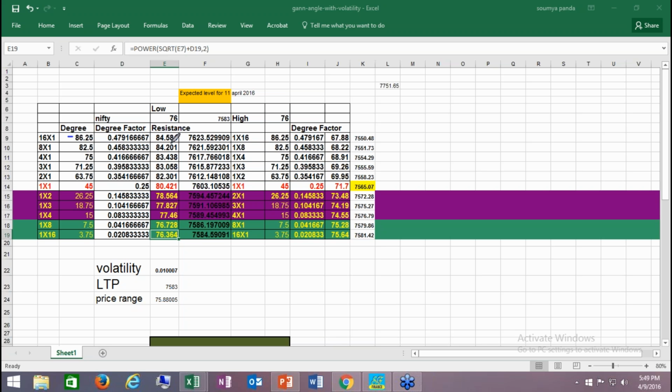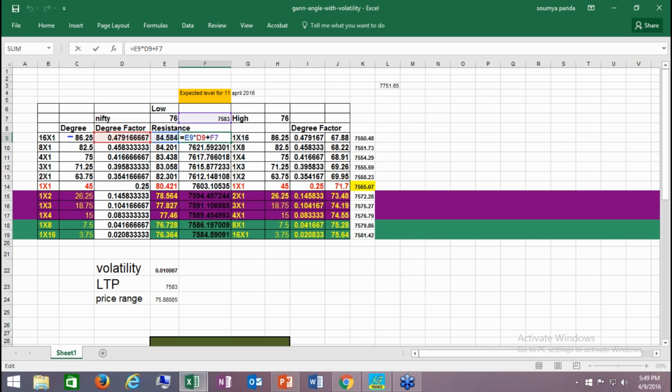So every trend line has its independent price range, and that we have calculated through this process: square root of 76 added with the degree factors, then taking the whole square of that, and square root of the number subtracted from the degree factor and taking the whole square. These are the things we have got. After getting these, our calculations mostly got over. And then what we have to do is take a reference point.